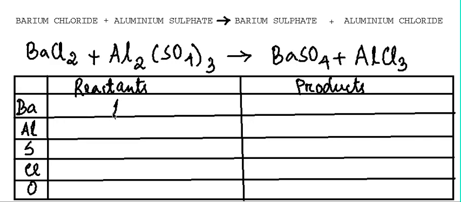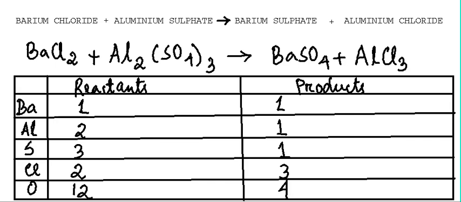So barium 1 on the reactant side and 1 on the product side. Aluminium 2, 1, sulfur 3, 1, chlorine 2, 3, and oxygen 12, 4.